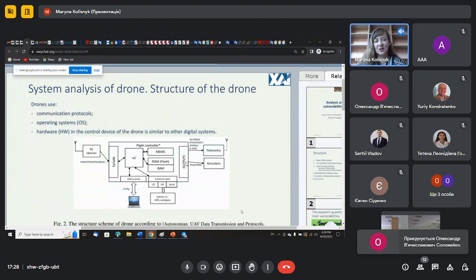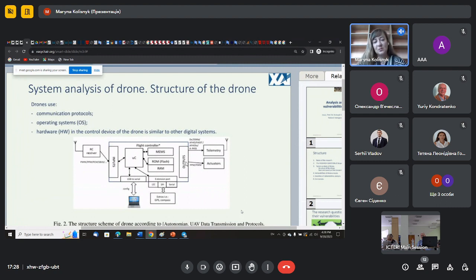Here we can see that drones use communication protocols. Some are very famous, which we use for data transmission in all digital devices. Also, for this system there are some specific communication protocols.